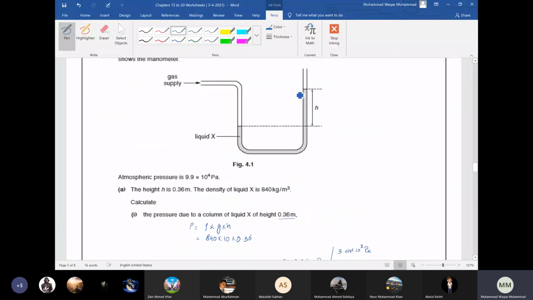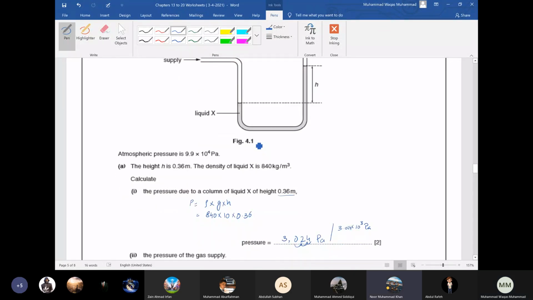If we use the same volume of the liquid with greater density, then beta, what will happen? The same volume of the liquid when poured into this tube, then beta, what will happen?